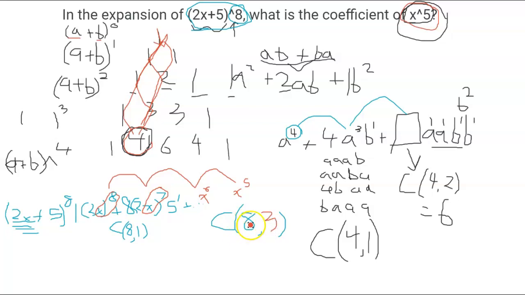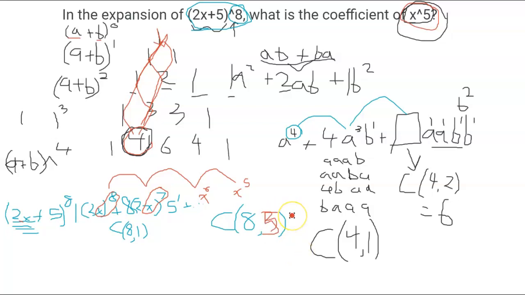Right? Really what we were looking for is we know we have 8 powers, right? We only want 5 to be on the x. We want 3 to be on the other thing. So we do combination 8, 3. P.S. If you'd like to do combination 8, 5 instead, it's the same number.